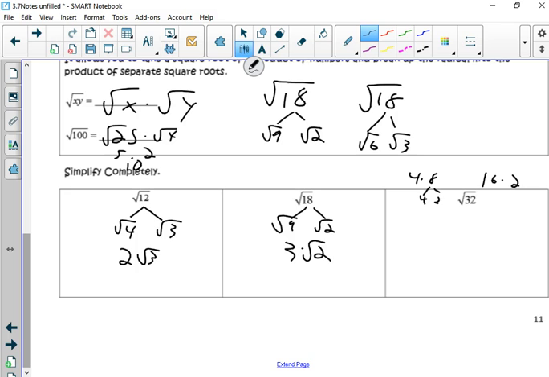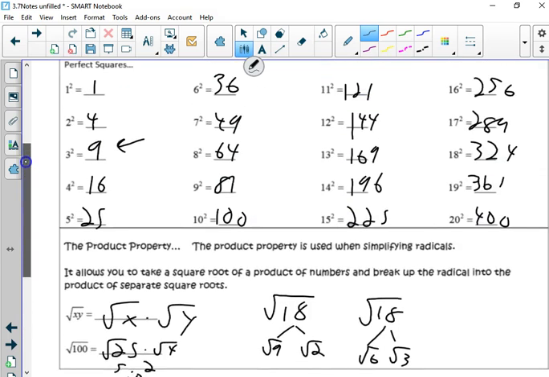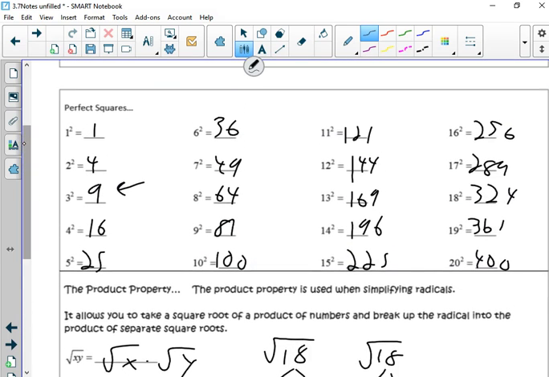You want to be as efficient as possible. So what I tell people is, when you're looking at this list, and for this test, you'll get a lot of use out of that piece of paper that has all these on here, I suggest you start backwards. So if we're looking at 32, obviously 36 is too big. We're going to start right here. Well, obviously 25 doesn't go into 32, but 16 does.